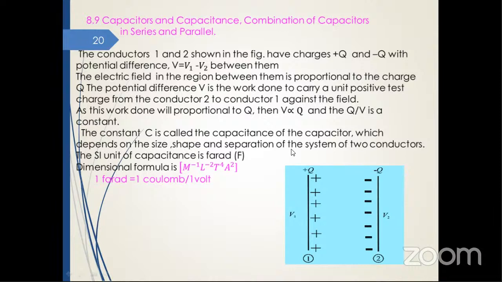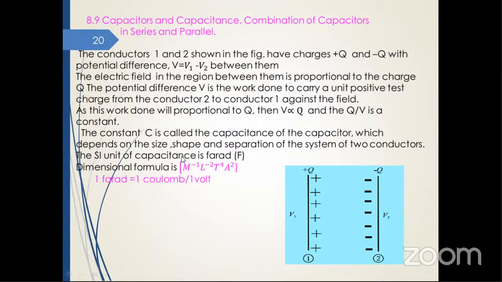That means the capacitance depends on the size and shape of the conductors and the distance between them. And this capacitance is nothing but the ratio of charge per potential difference.